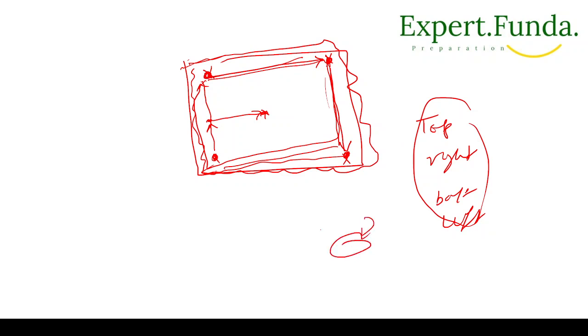Let's suppose we are going to implement this one, just for example. To implement this, we will initialize these variables. Okay, so let's go to the browser and do the implementation.